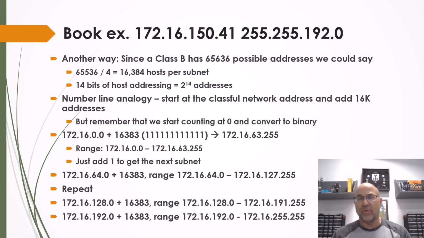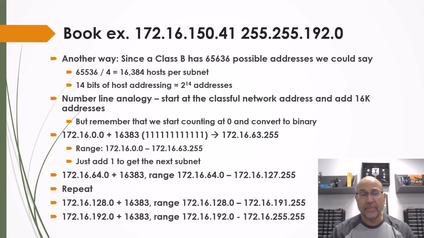Eventually you would get through the entirety of the classful address space. You have to remember that we start counting at 0. So the first address in all of these subnets would be 172.16.0.0.